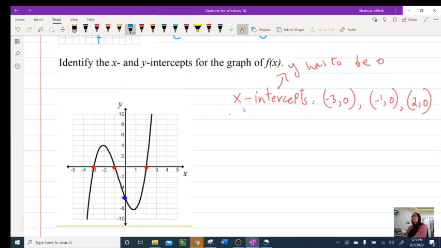According to that, the y-intercept. You see, the y-intercept is where it crosses the y-axis, and I have 0, -6. The y-intercept means x is always 0. So x is 0 and y is -6. So these are the x-intercepts and the y-intercept.